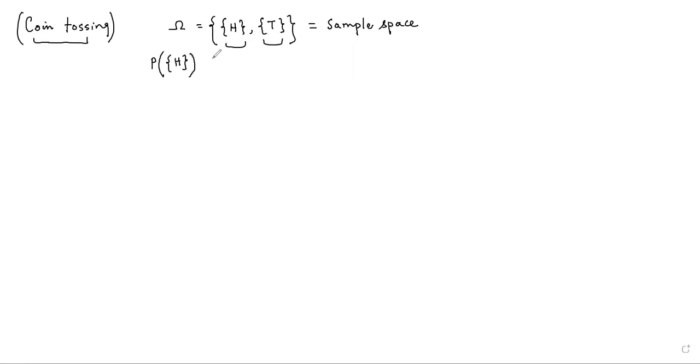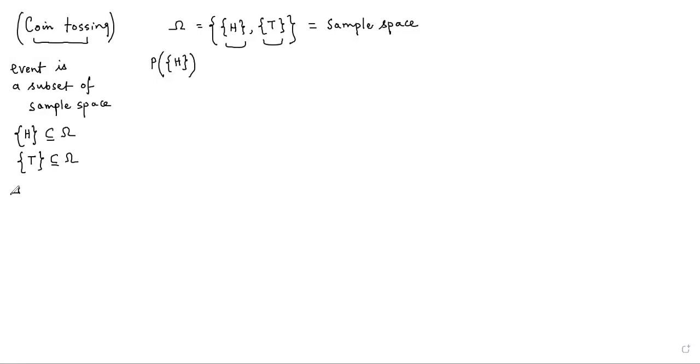Why am I writing it in this manner? It's because, if you can recall, an event is actually a subset of the sample space. So obviously, as you can see, this event H is a subset of the sample space omega. This event T is a subset of the sample space omega, and omega is also a subset of the sample space omega itself, and so on.